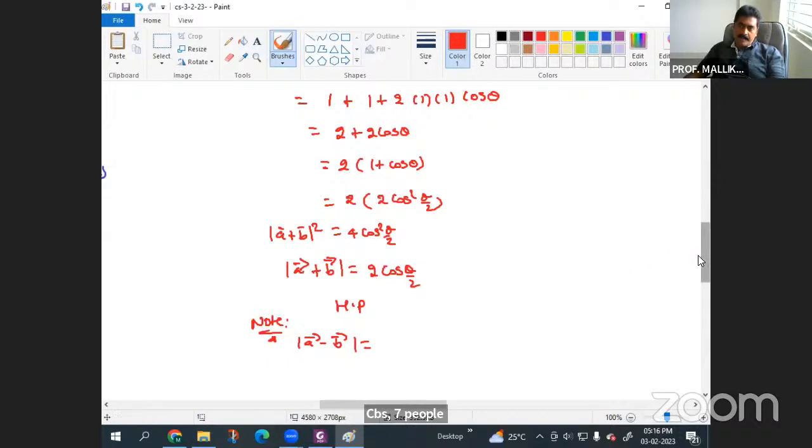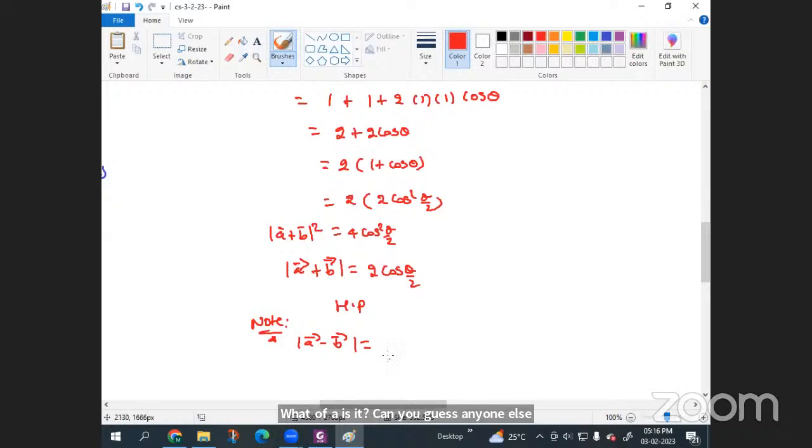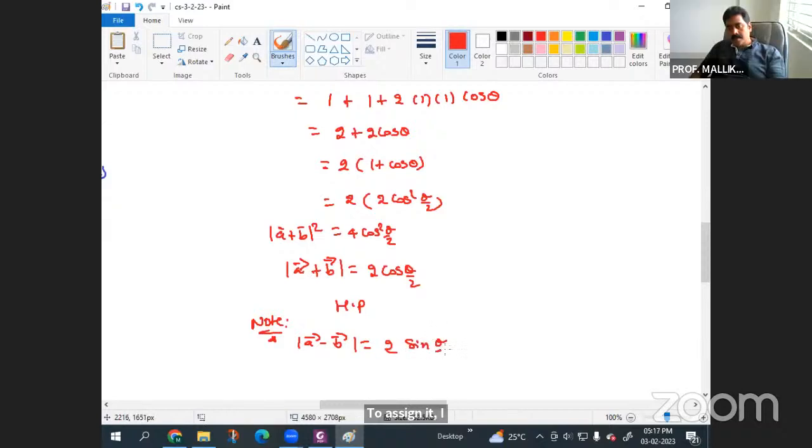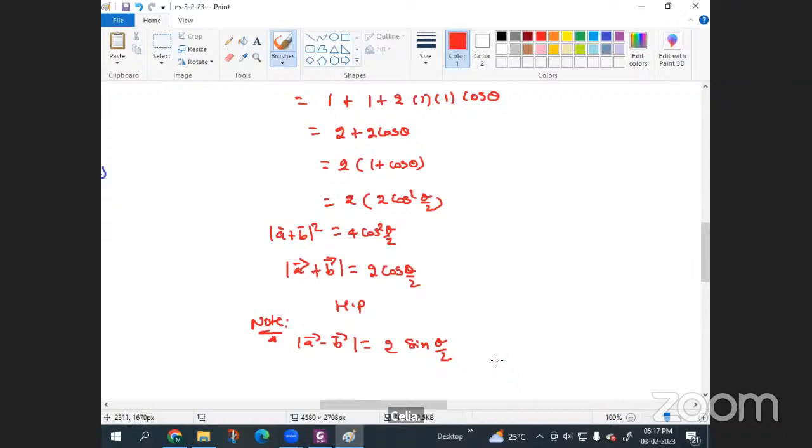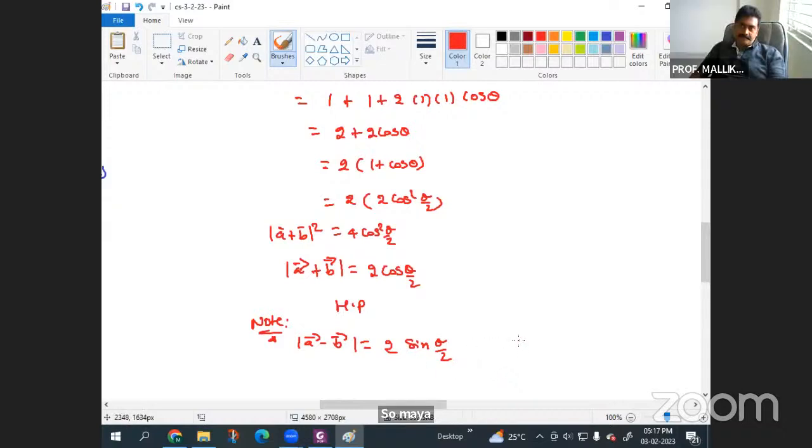Mod of A minus B, can you guess? Everything is the same: 2 sin theta by 2. Very good. Okay, 2 sin theta by 2. Right.